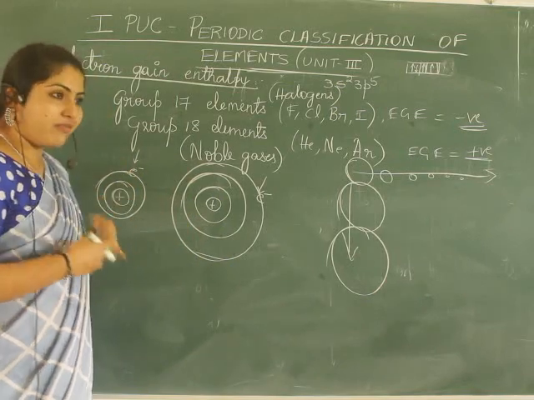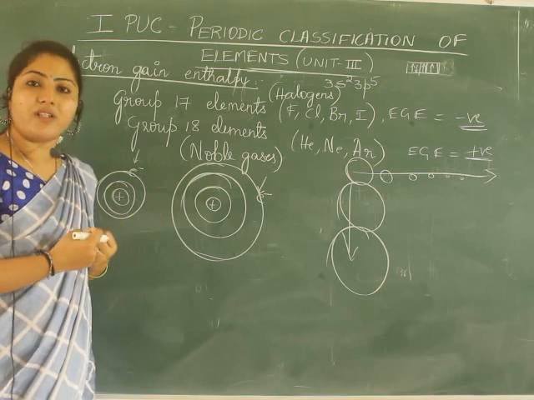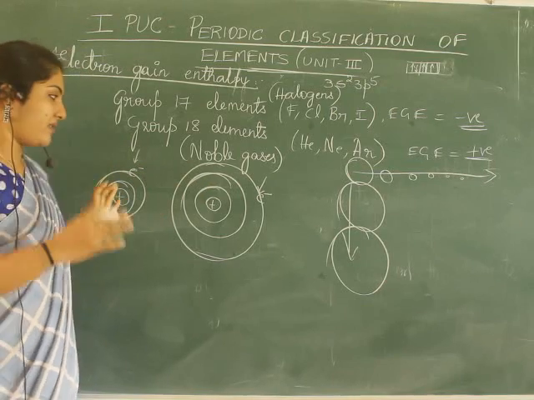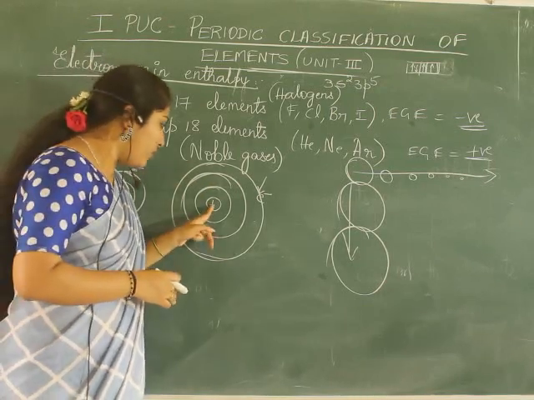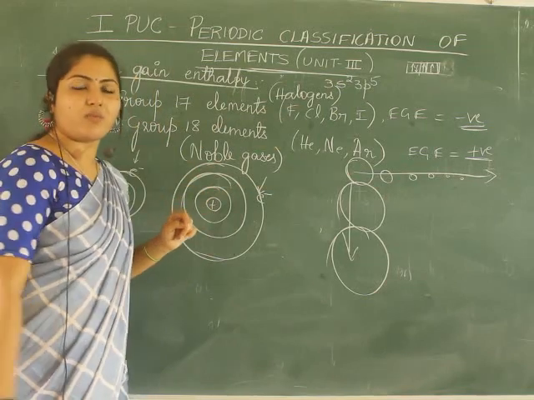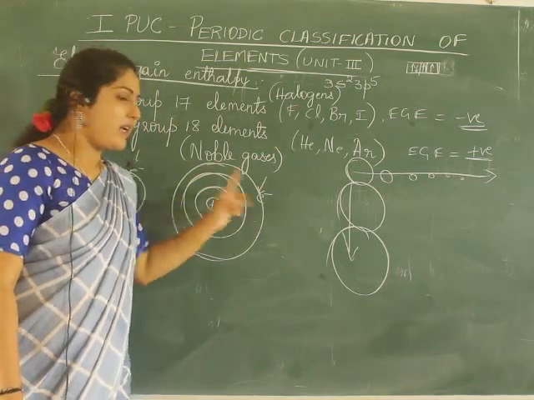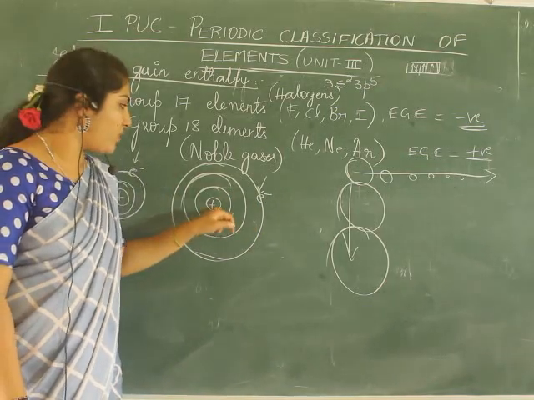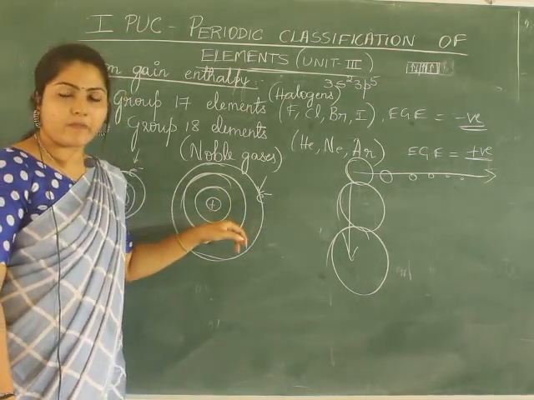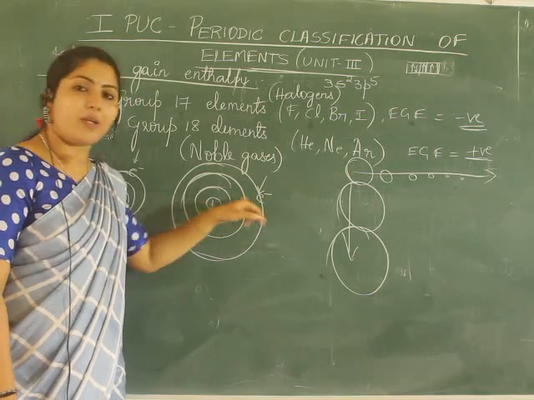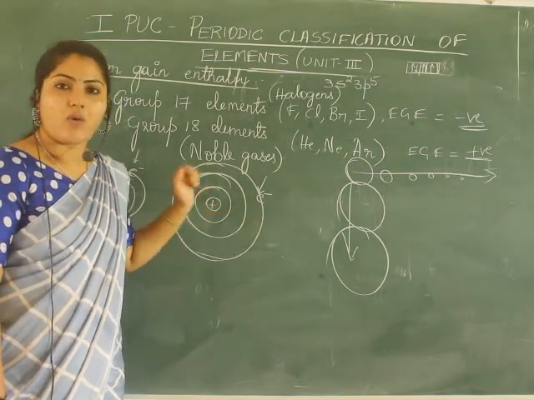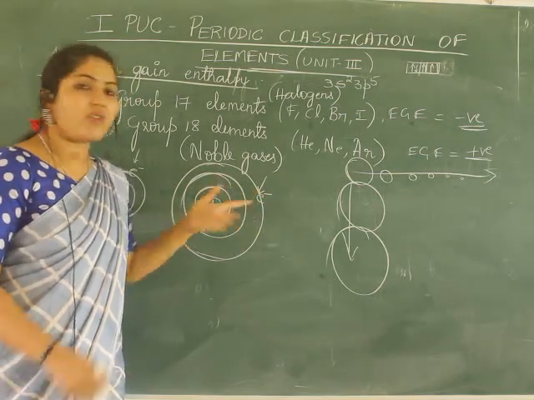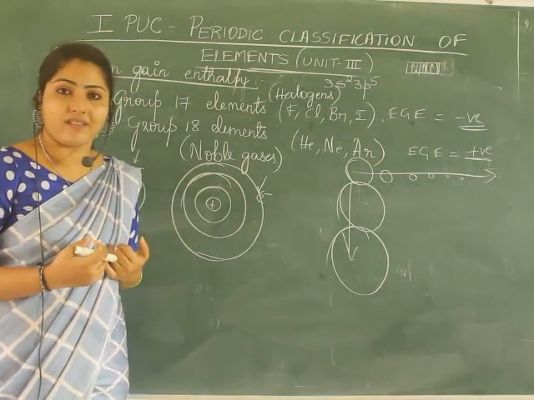The electron will feel the pull of the nucleus. But if the nucleus is very far from the outermost shell, will the incoming electron feel the nuclear pull much? It feels very little nuclear pull. So the electron will not feel like coming in.